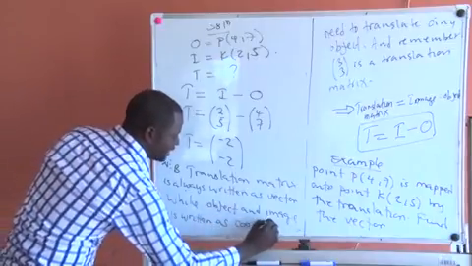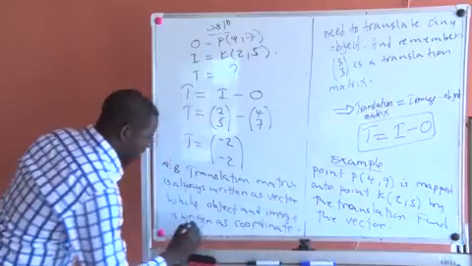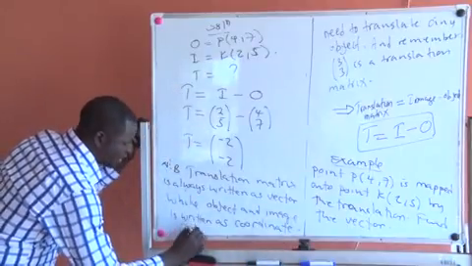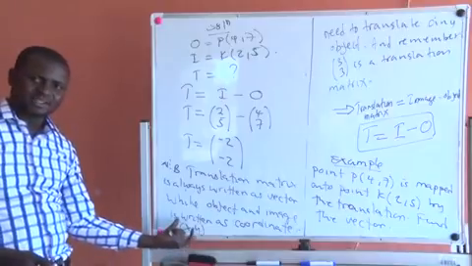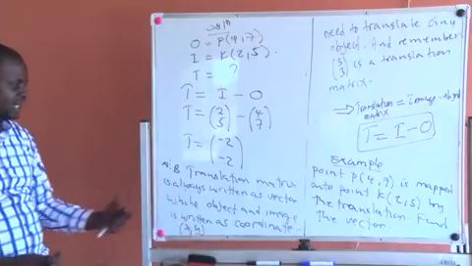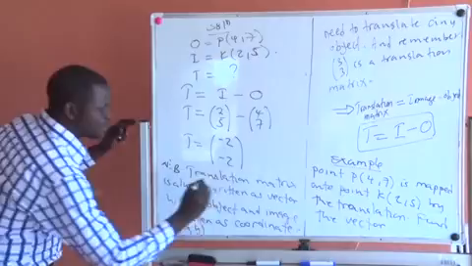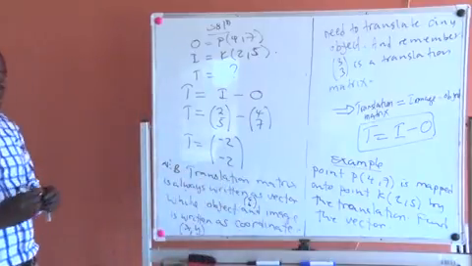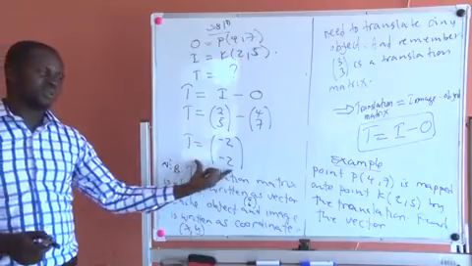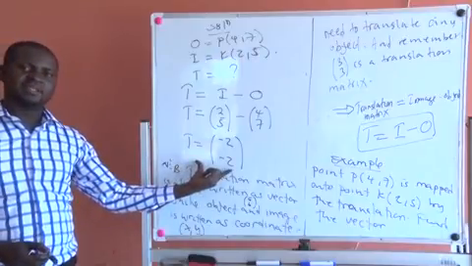So don't forget that, guys. Whenever you calculate your object and your image, try to convert it into coordinate form as (x, y). But whenever you calculate your translation, it must be in vector form as AB or XY. Always. That's why our answer remains the way it is, because we're calculating the translation matrix.